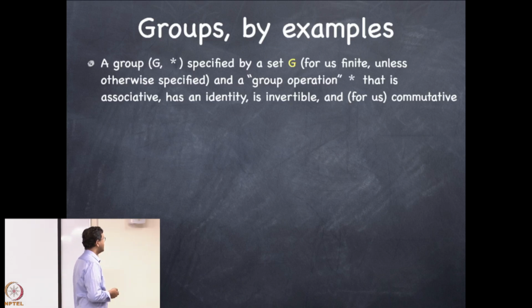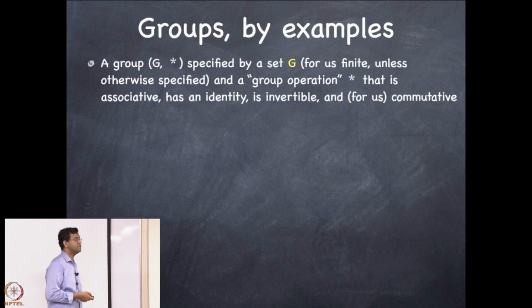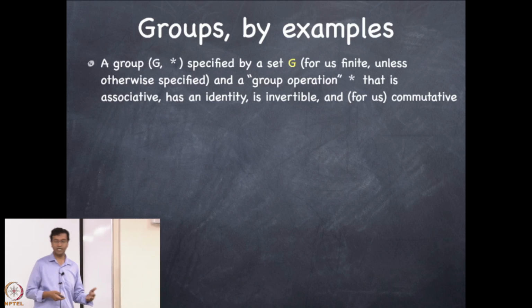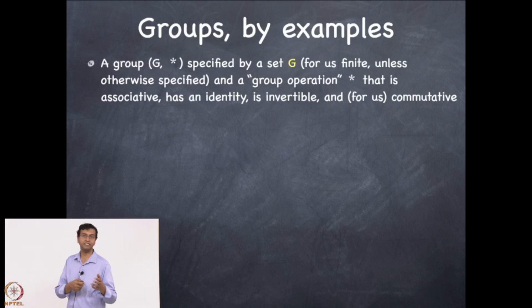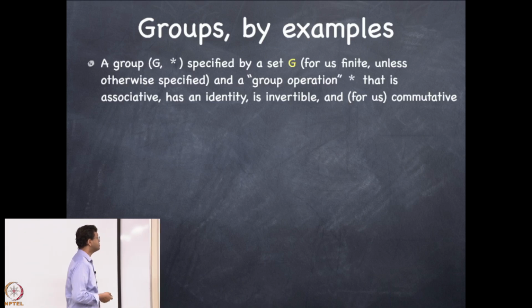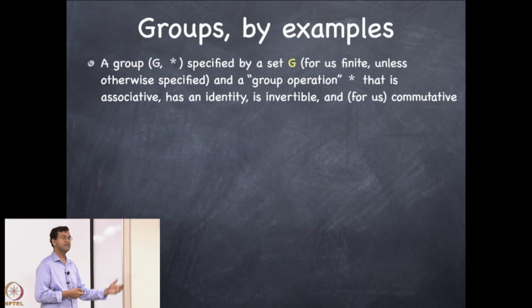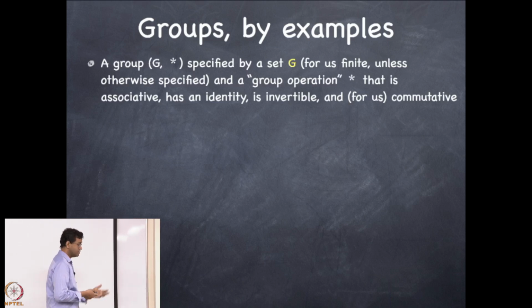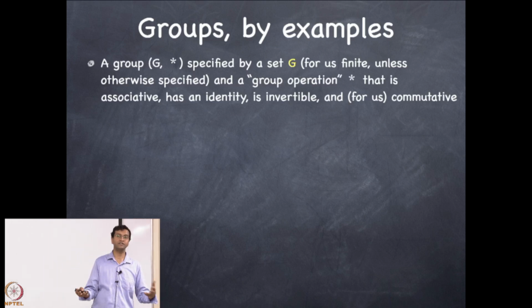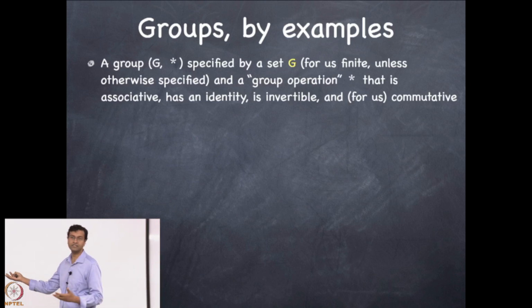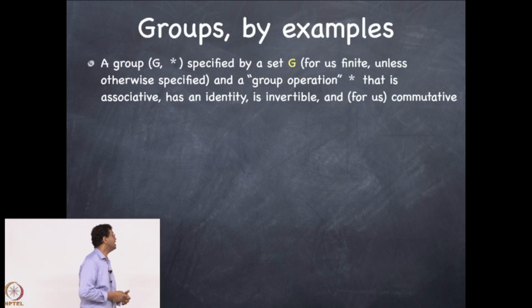The operation, this addition, has a few properties. It's associative, meaning (A plus B) plus C is the same as A plus (B plus C). There is an identity element in the group, so it's like 0, and it's invertible. So if there's an A, there's a minus A, so that A plus minus A equals the identity, equals 0.